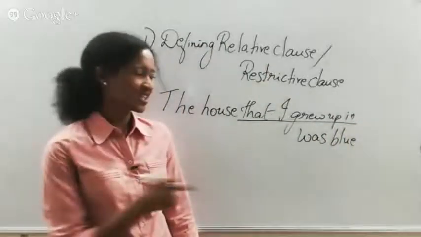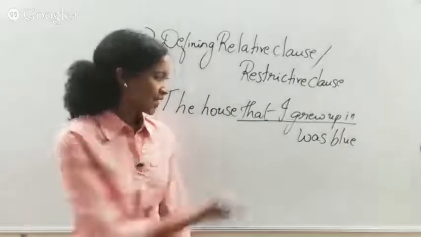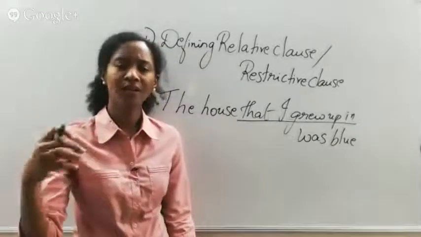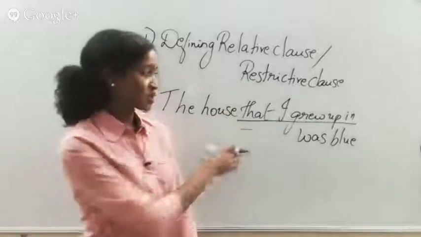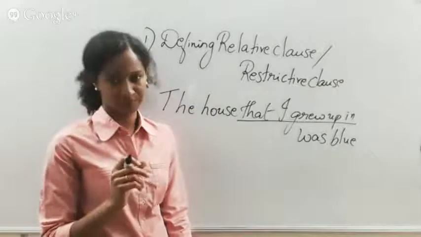Okay, so if I say the house was blue, which house are we talking about? What house? So I need the restrictive clause to bring in more clarity and meaning to the sentence. So that's why I said restrictive clause limits information, restricts information.